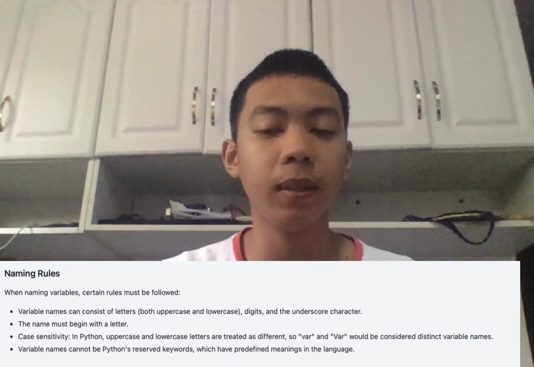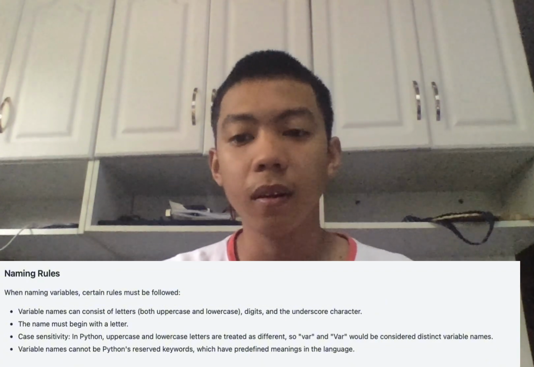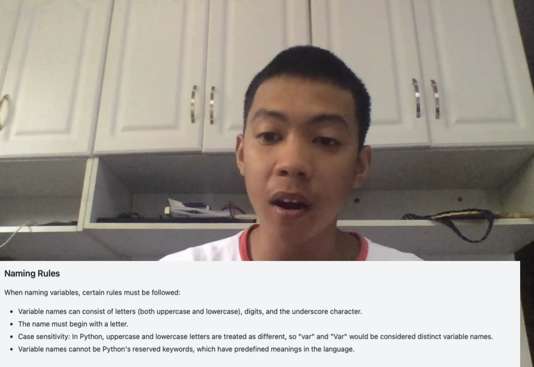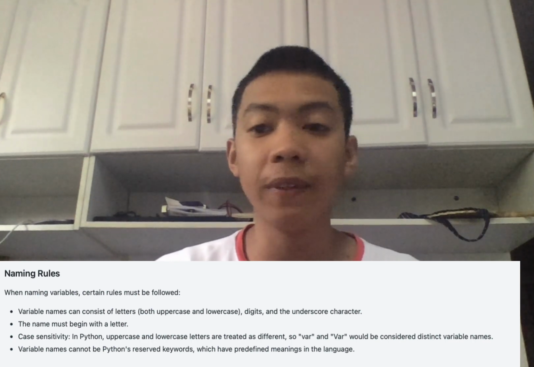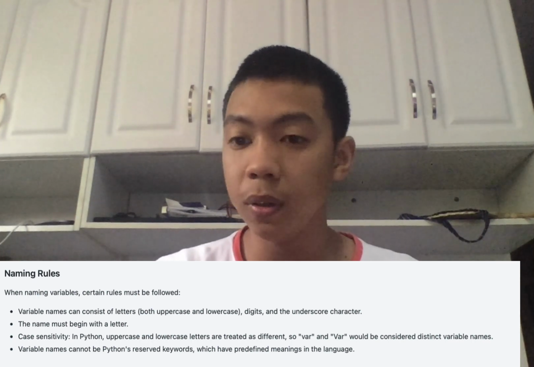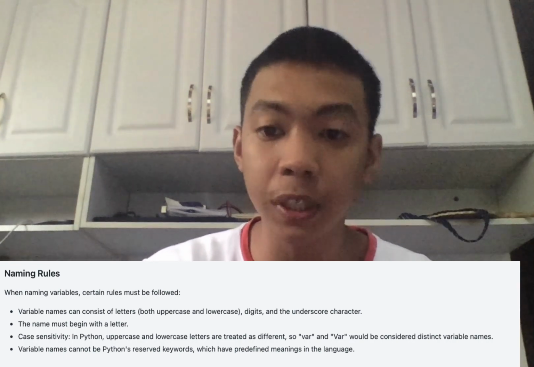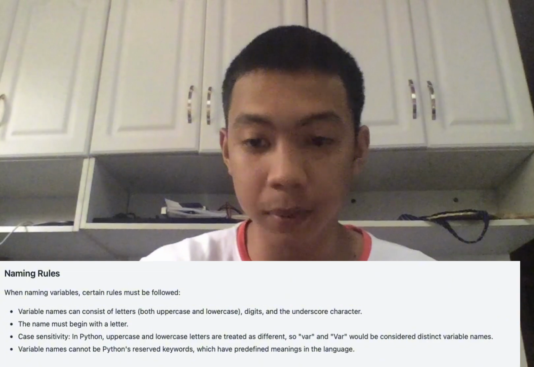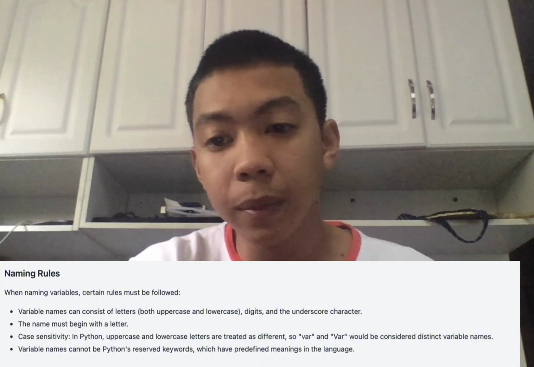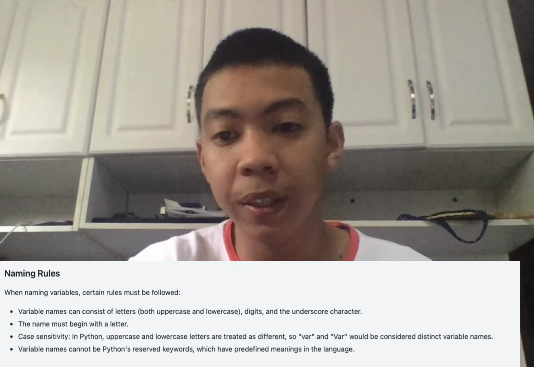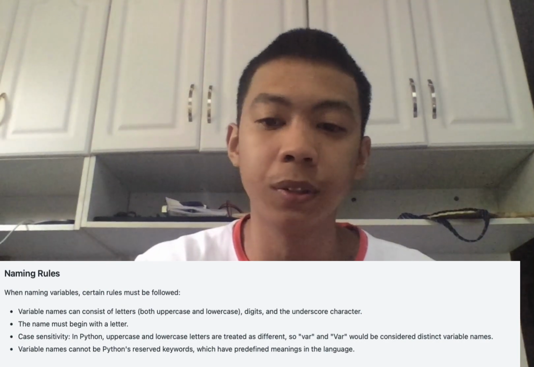Example po nun is small v, VAR and capital V, small ar, would be considered distinct variable names. A variable name cannot be a Python reserved keyword, which has a predefined meaning in the language.